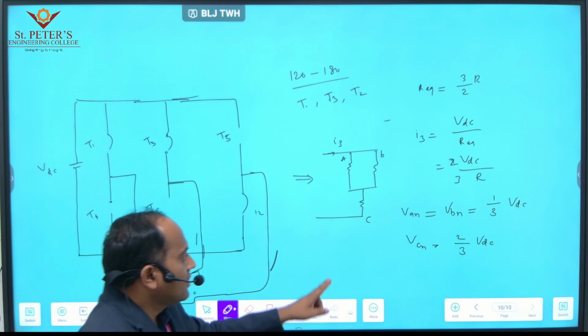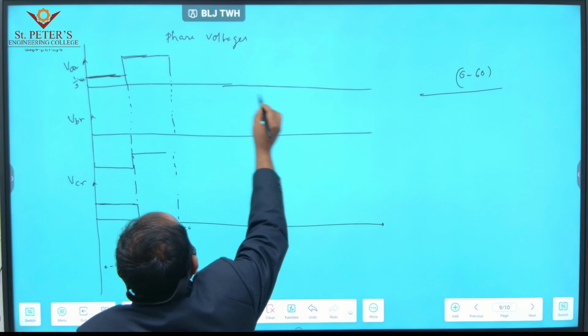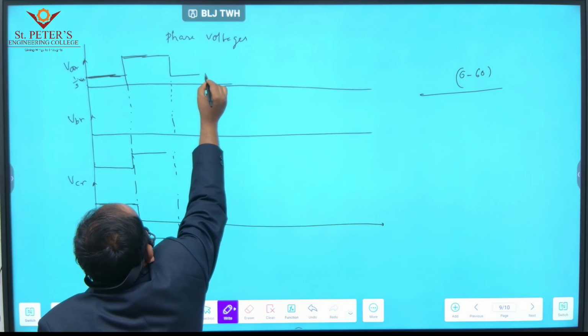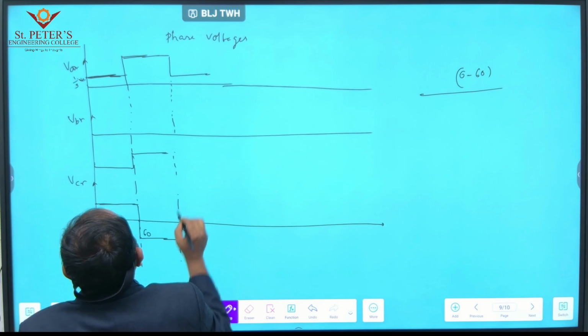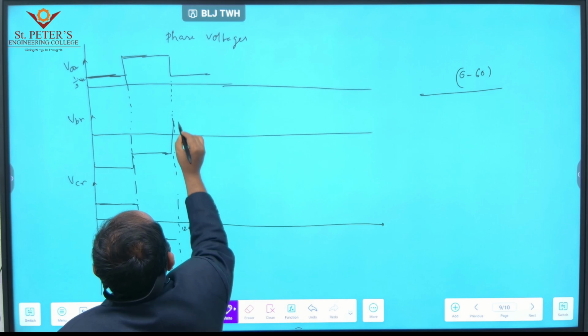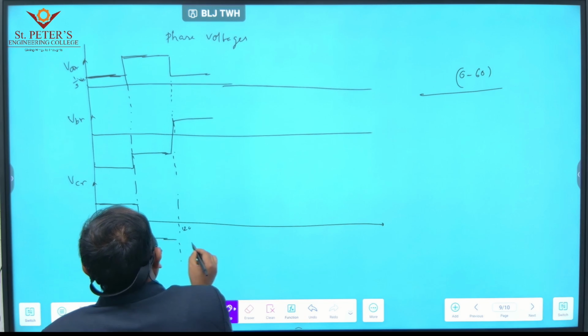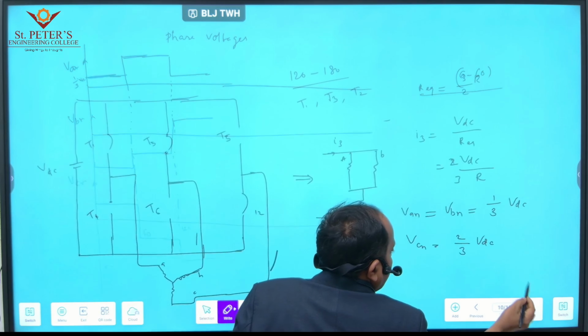Now again redraw these phase voltages in waveform. VAN we are getting 1 by 3 VDC, VBN we are getting 1 by 3 VDC, and VCN we are getting minus 2 by 3 VDC. Why minus?